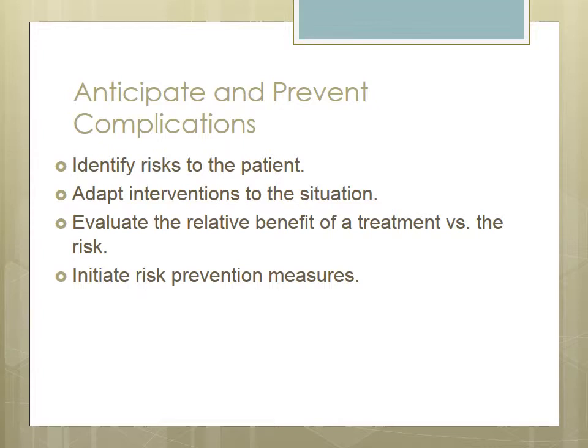But now that this happened, we need to address it. So we're going to add that. We're going to evaluate the relative benefit of the treatment versus the risk. So we're going to put a rationale on why this new intervention protects our patient. And we're going to initiate risk prevention measures. We're going to do that at all times while this patient is hospitalized with us.